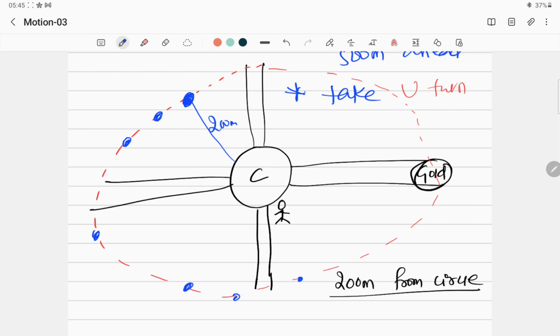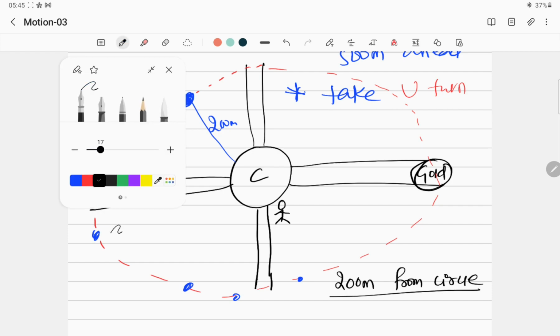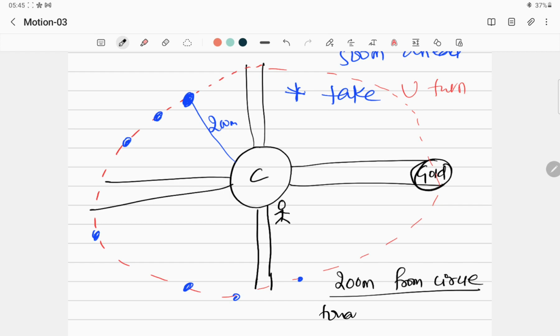But if the information is given as 200 meters from the circle towards the right of it, then you will go directly here and dig at this place, and you will get the gold. So your task has become easy just because of this direction, right of it.